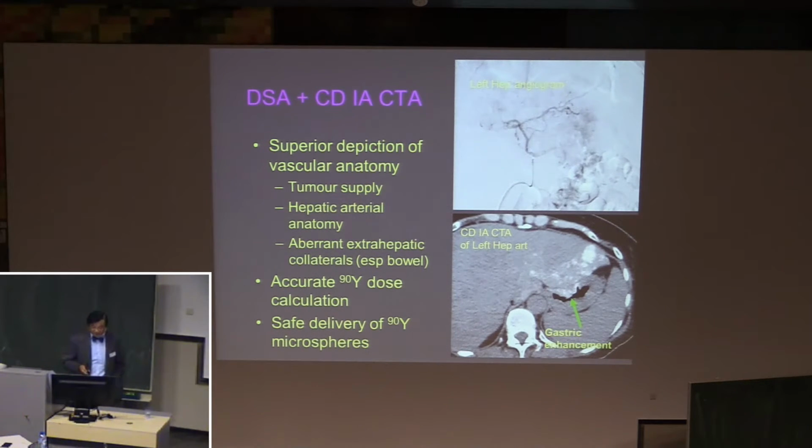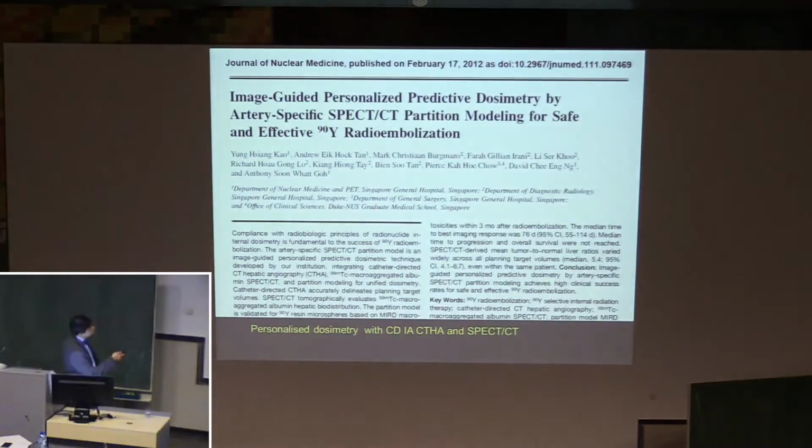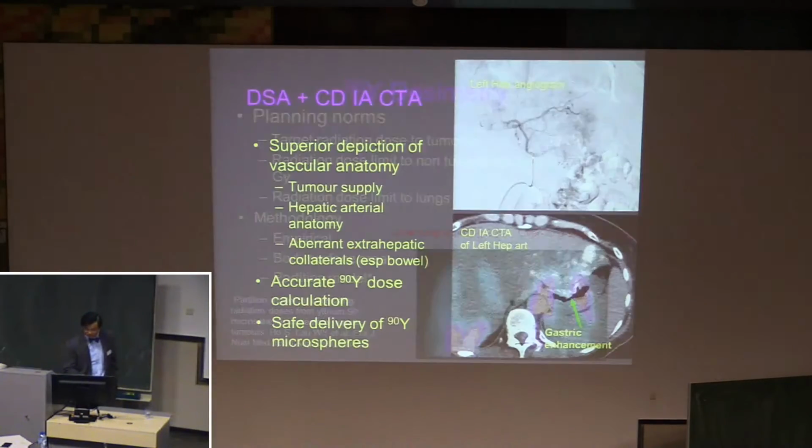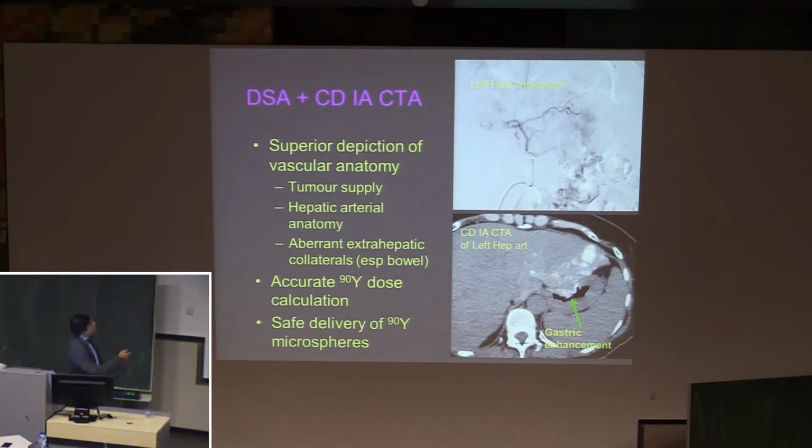Here's another example. Left hepatic angiogram performed. And similar to an earlier case that I showed you, supply to the stomach, and it's really not a good thing to deliver the Y90 into the stomach, because you will get radiation necrosis ulcers.